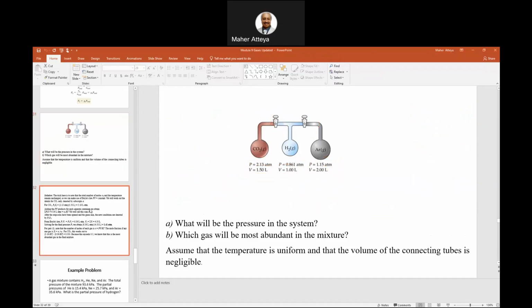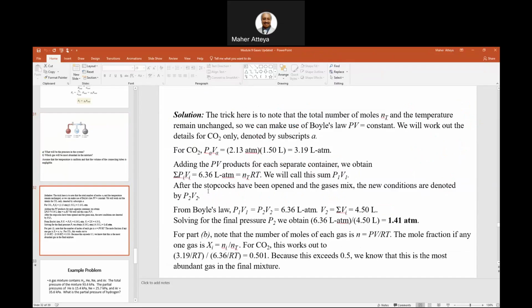Look at the answer here. This is for carbon dioxide, and then you do it for all of them, correct? This is just for carbon dioxide, and you'll do it for all of them. You get the sum of all, correct?